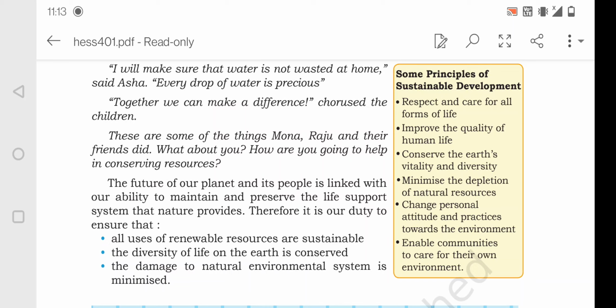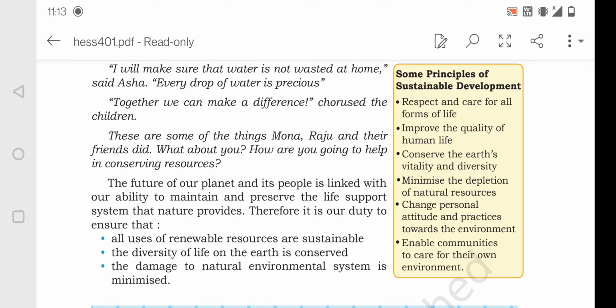First, we have to respect and care for all forms of life. All forms of life means every creature on the earth; we need to respect each and everything, care for all of them, and be sensitive about everything. Then we have to improve the quality of human life, like how we are living; we have to think wisely and bring a little stability into our life, so that we go towards peace.